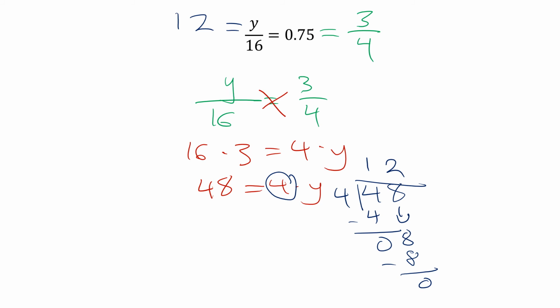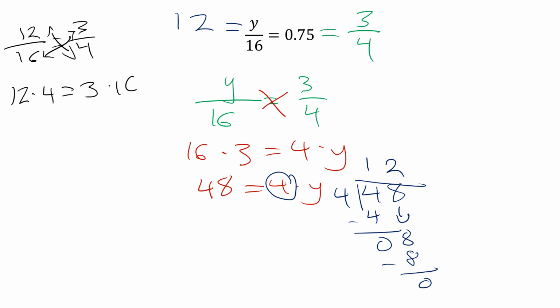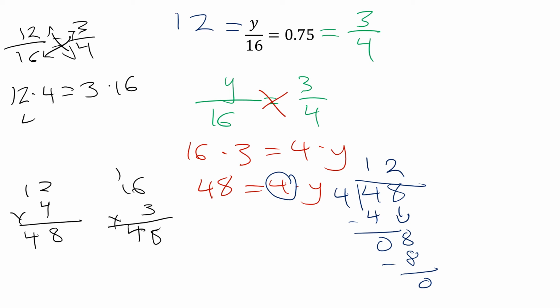And remember, you should always be able to re-enter your numbers, cross-multiply, and get the same answer to test if this is a proportion. Let's do that here. So if we have 12 over 16 equals 3 over 4, we should be able to multiply both of those corners together. 12 times 4 equals 3 times 16, and these should both be the same number. 12 times 4 is 48. 3 times 16 is 48.